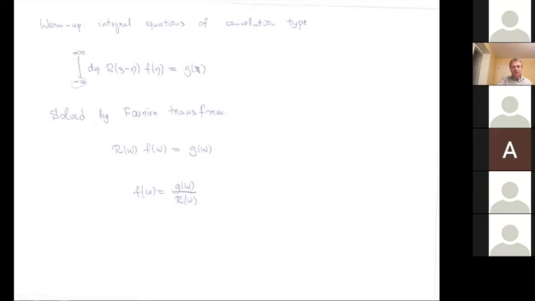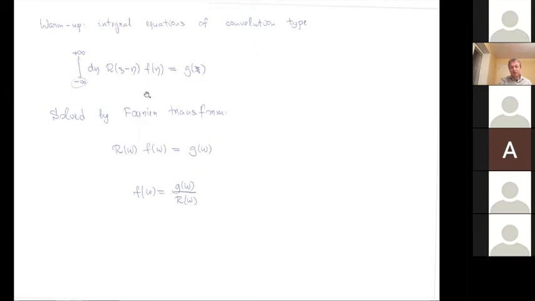So how to solve these equations? Well, let's look at the case where the interval is not bounded at all, and we have just a convolution type integral equation. Then we can simply solve it by Fourier transform.